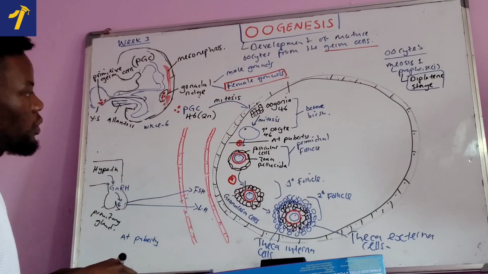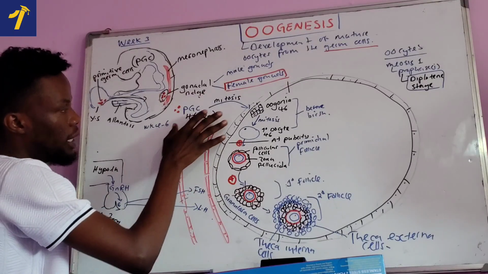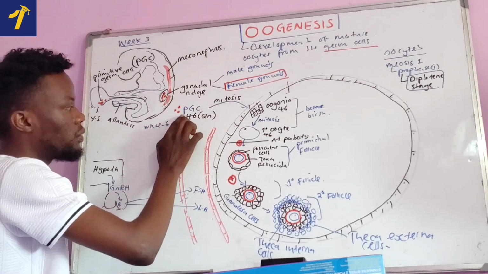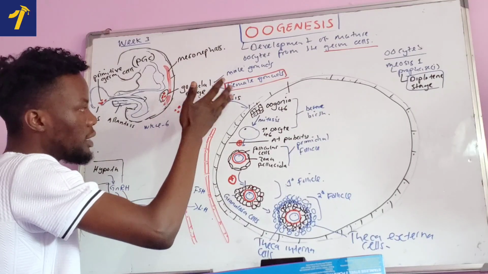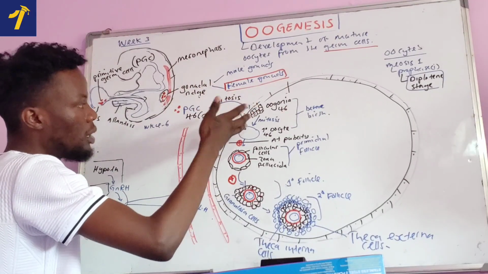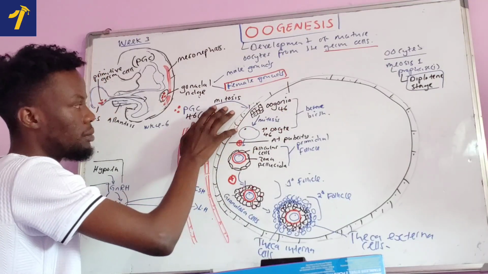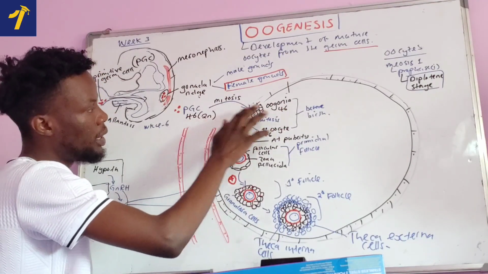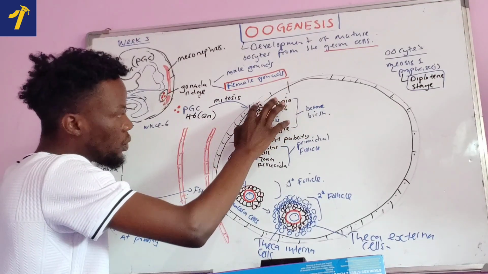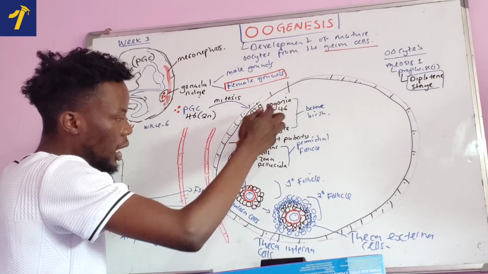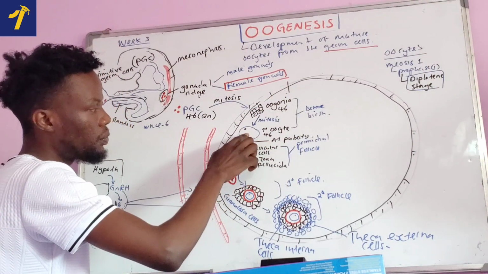up to this stage. So we said everything is starting before birth. Before birth, we have the primordial germ cells that are dividing, becoming many in number, so that now they can differentiate into oogonia by mitosis, right? Now, these oogonia will start undergoing mitosis, becoming many, and becoming what we call the oocyte.